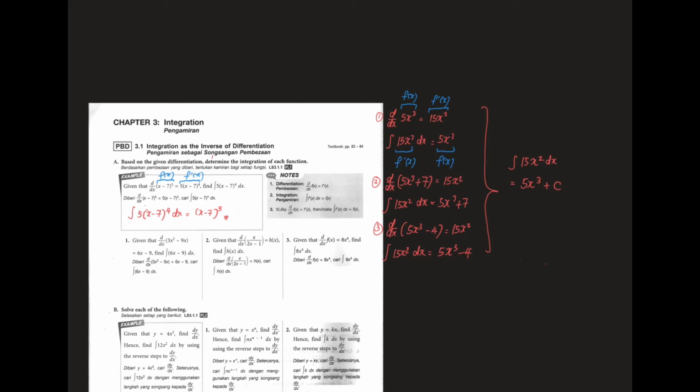Now you remember it first. I write down: if f(x) is given, then integrate f prime of x dx equal to f(x), and plus c is not necessary.